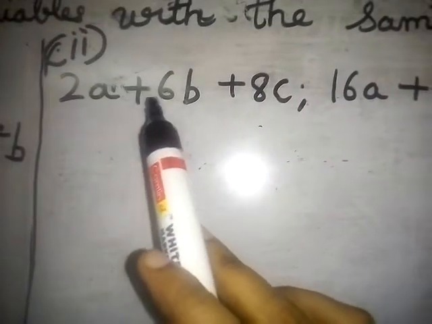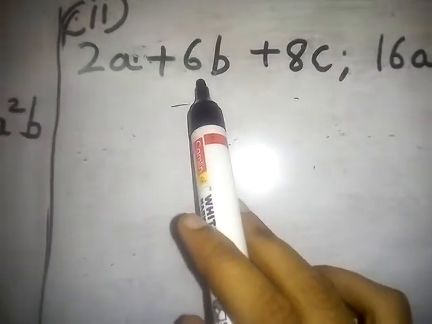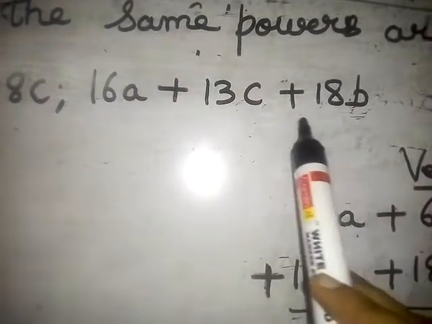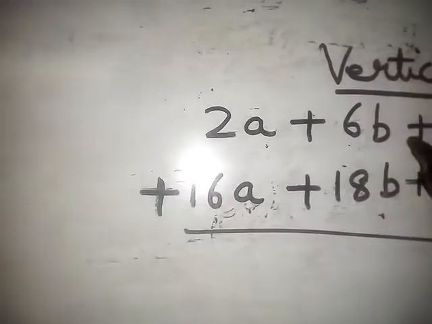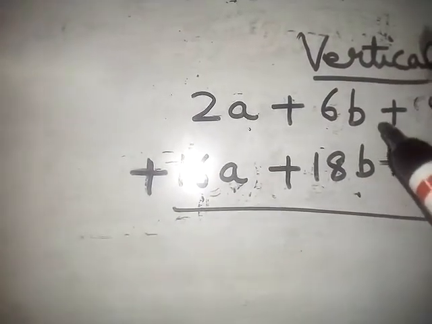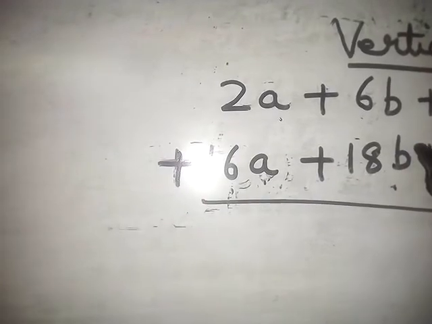And another b, 6b, and where you find 18b, where b is there, only in that place you have to write it, in like term form in vertical arrangement.